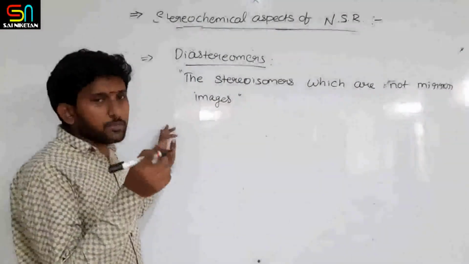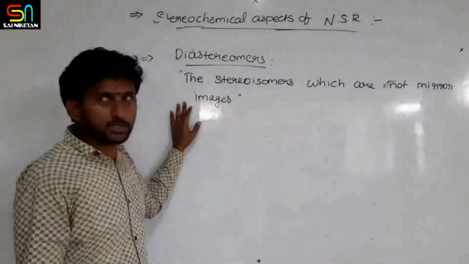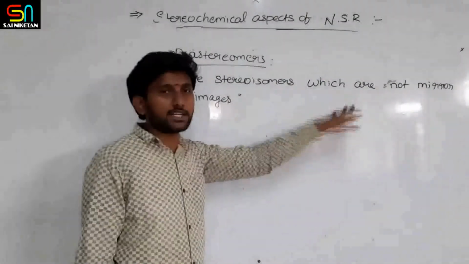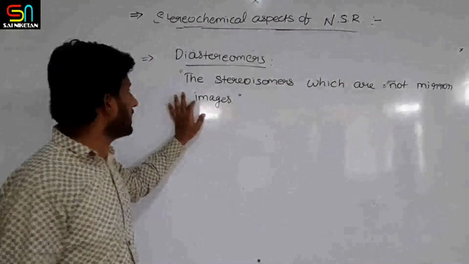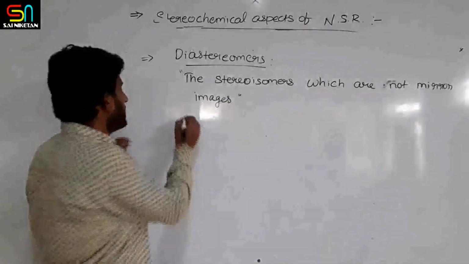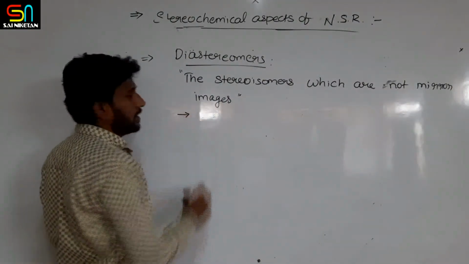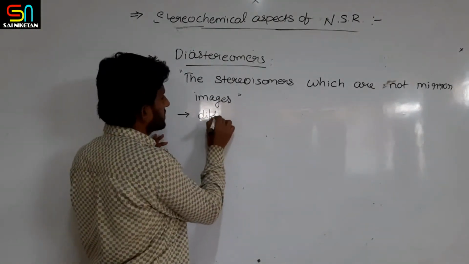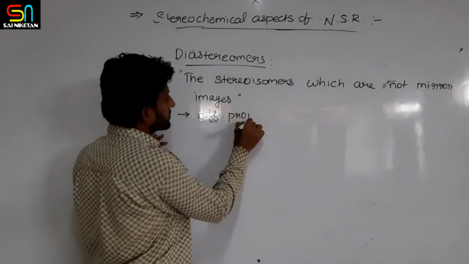Generally, non-superimposable mirror images are enantiomers, but the stereoisomers which are not at all mirror images are called diastereomers. Diastereomers have different properties.